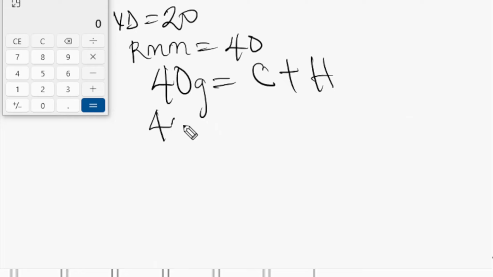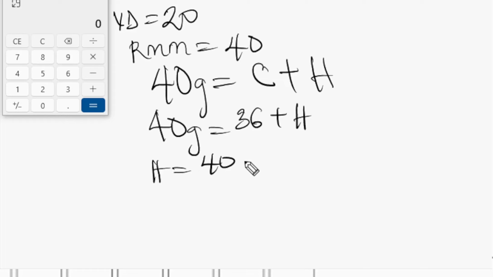So this 40 grams is actually 36 plus H. So in that case, H is going to be 40 minus 36, and that's 4 grams.